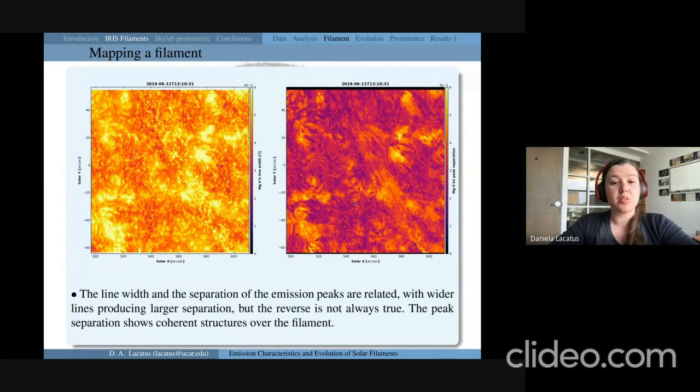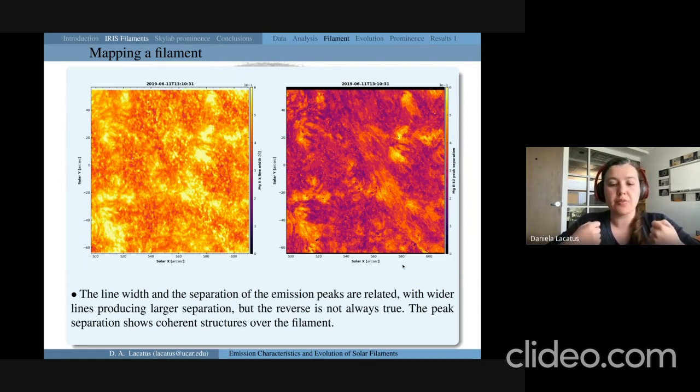Another pair of interesting characteristics that are related to each other is the line width and the peak separation. On the left we have the line width, which corresponds to unresolved motions that are broadening the profile, while the peak separation, while also sensitive to unresolved motion, is more indicative of other things.